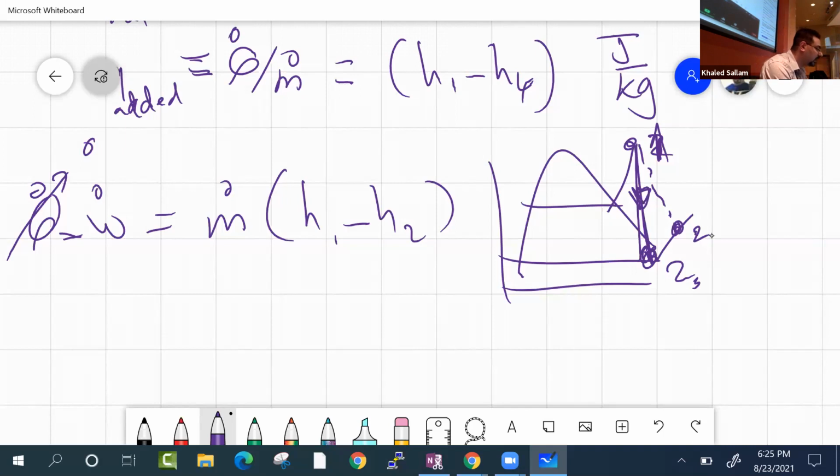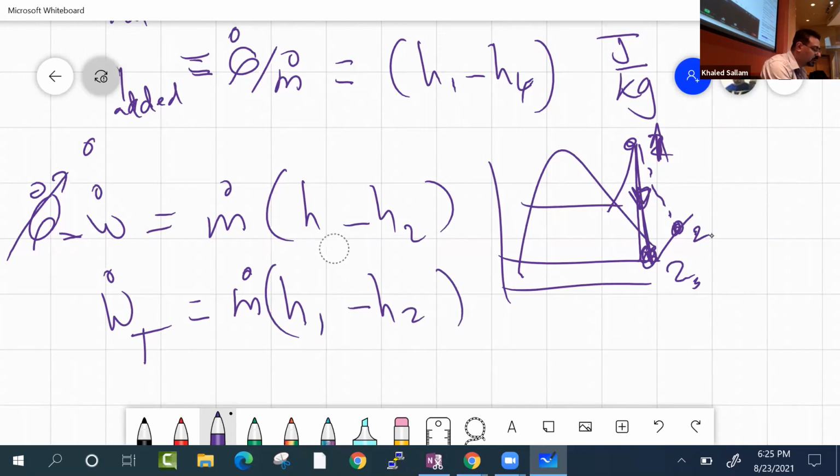So what I'm saying is that at the end, work turbine will always be just m dot H1 minus H2. This actually should be 2 minus 1. Why? Output minus input. That's the first law.